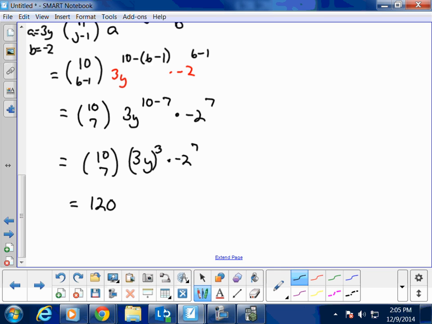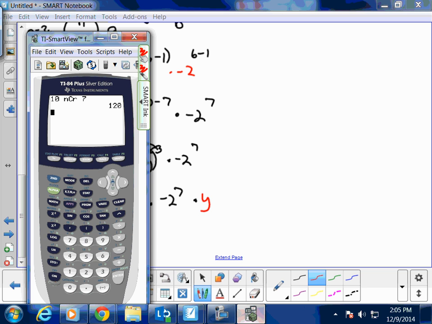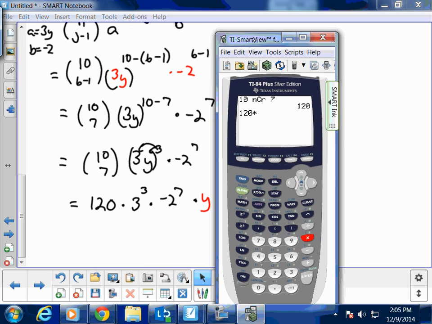Times, oh, you know, and this needs to be in parentheses. Because when I distribute this, I'm going to get 3 cubed, and I'm going to move this negative 2 to the 7, and I'm going to put this y, which is the only variable I have, over to the n. Now I'm going to calculate all this right here to get an answer. So I'll get 120 times, let me move this so I get that right.